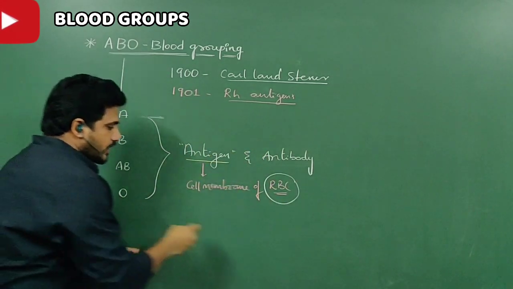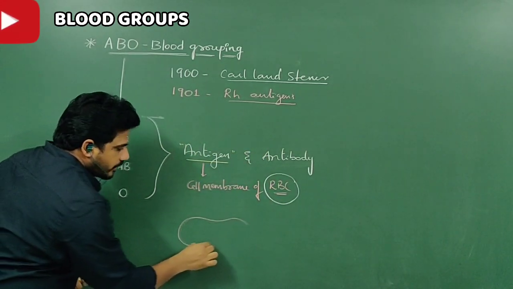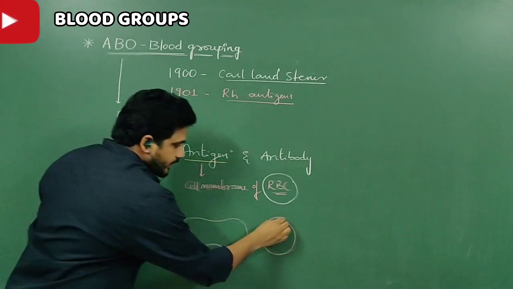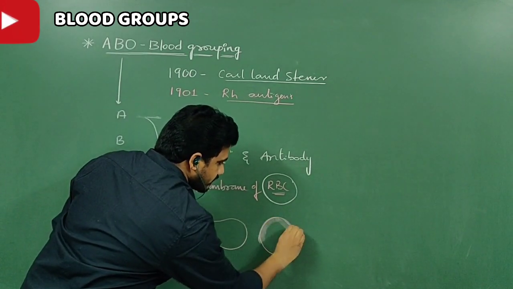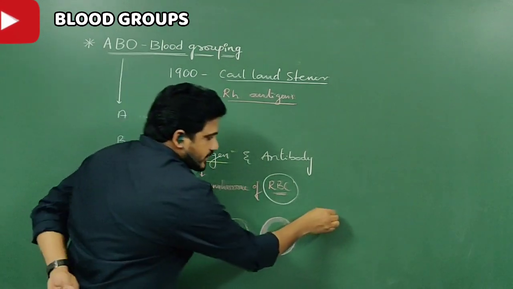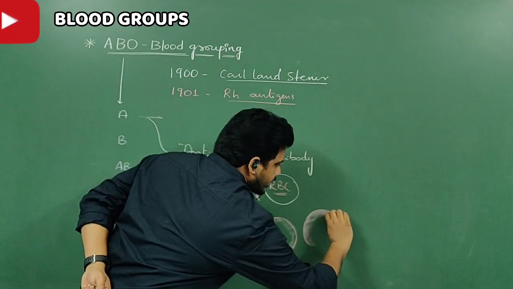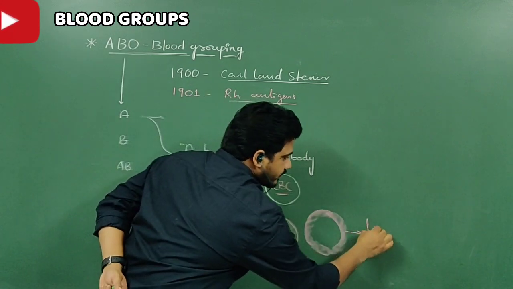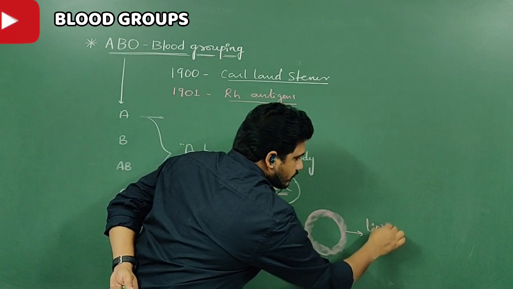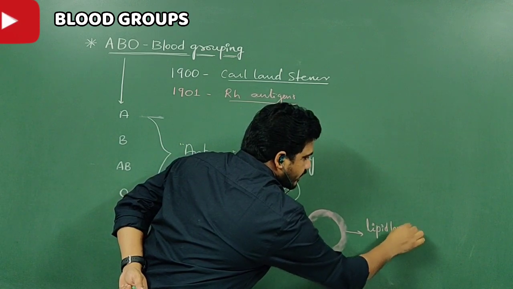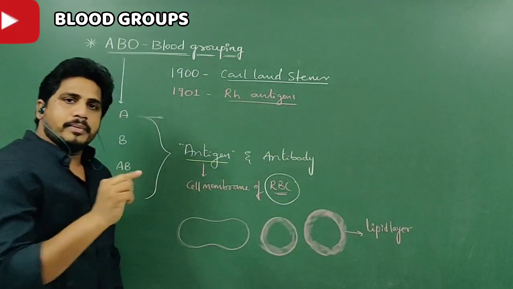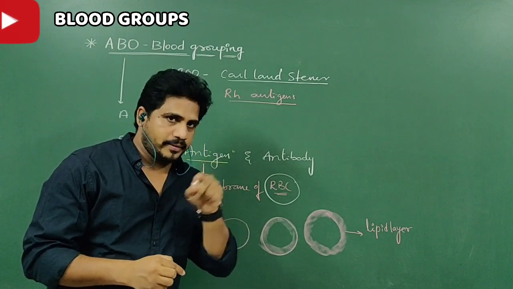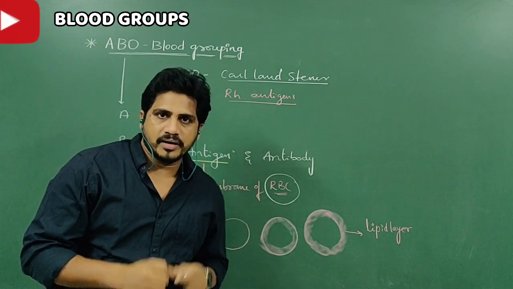You know very well that RBC may be biconcave or circular in shape. If we take one RBC, it has a cell membrane. The cell membrane is a lipid bilayer, which means it is composed of lipid, nothing but fat. In any animal cell, the membrane is composed of a bilipid layer. Two layers of lipids are present, lipids nothing but fats.